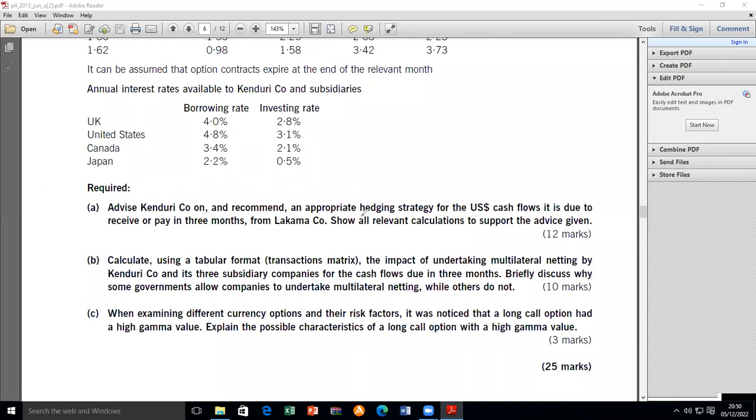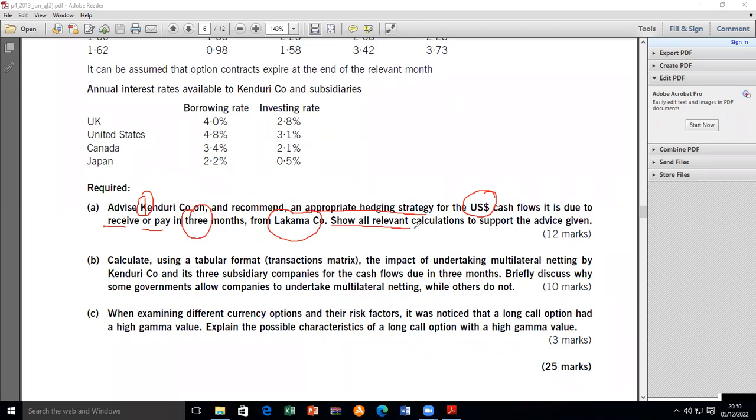So we need to identify here. The advice is to K on an appropriate strategy for the US dollar cash flow. It is due to receive or pay in 3 months' time from that company.